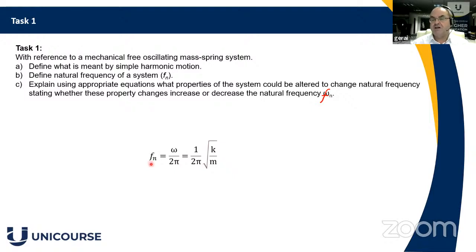So you can change the natural frequency of a system by changing its stiffness, or by changing the mass of the system. They're the fundamentals of vibration analysis. You can control the natural frequency of a system by changing its mass or its stiffness. There are many examples where that occurs in real life. We'll talk about them a little bit later.